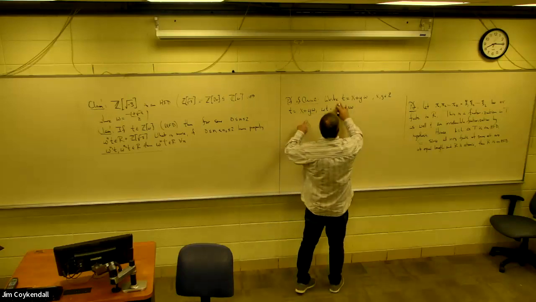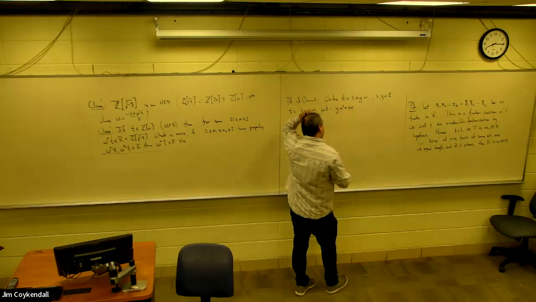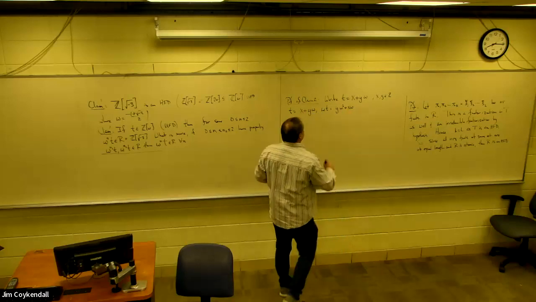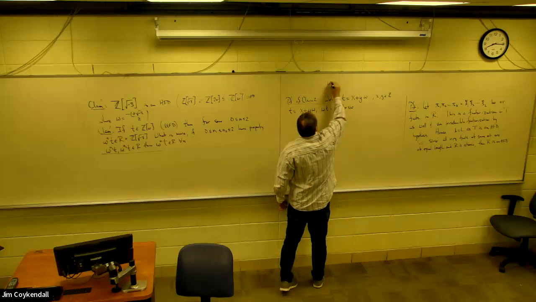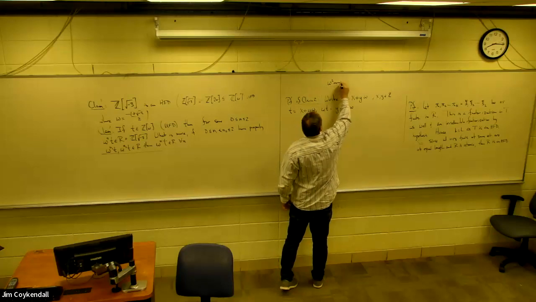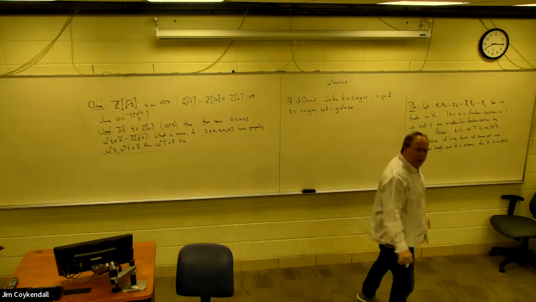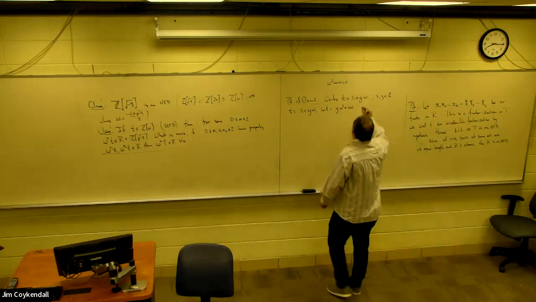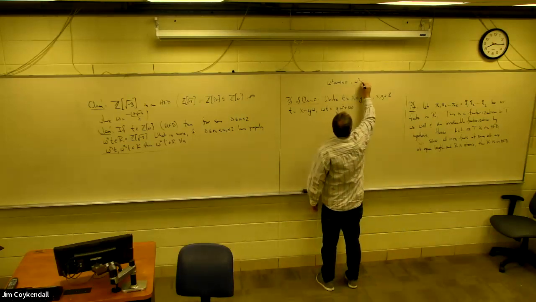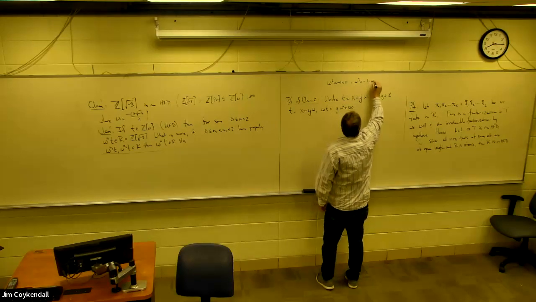And let me point out that omega squared plus omega plus 1 is 0. That's sort of a minimal polynomial relation for the cube root of unity. And so in particular, omega squared equals minus 1 minus omega.